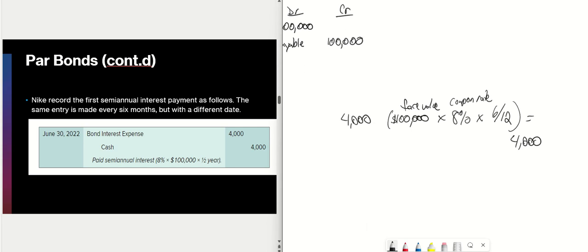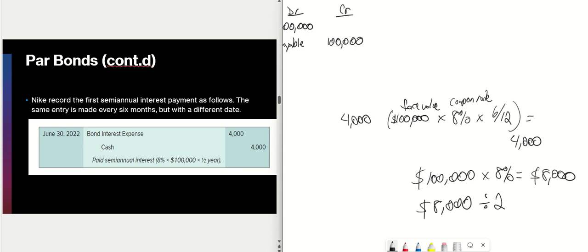Okay, you can calculate it that way, or you can calculate it this way. $100,000 multiplied by 8% is going to give you $8,000. And then you can go ahead and divide that $8,000 by 2 periods to get $4,000.